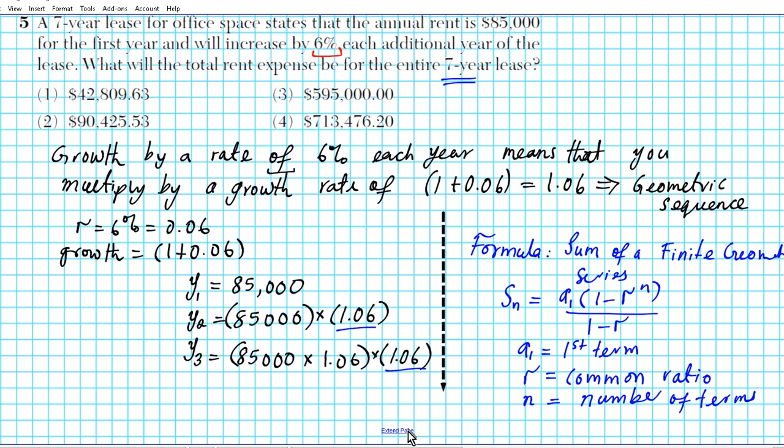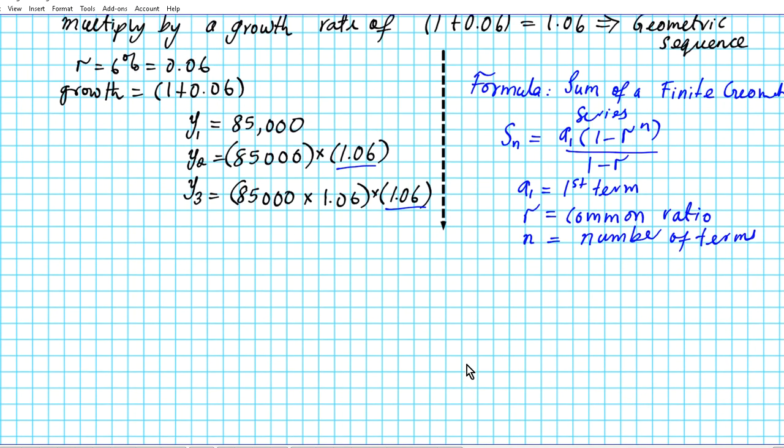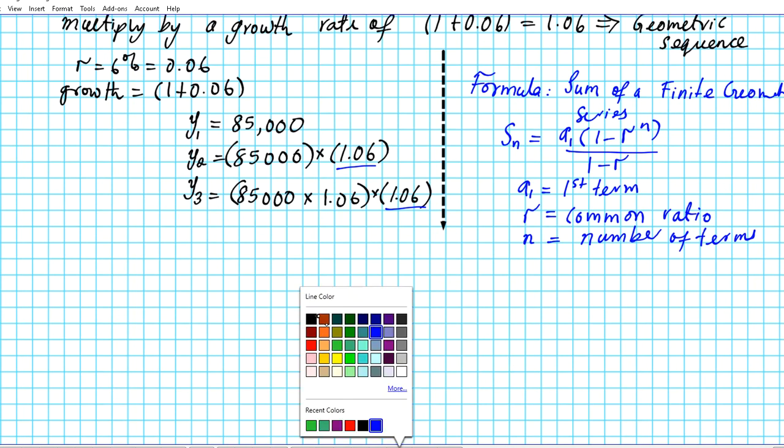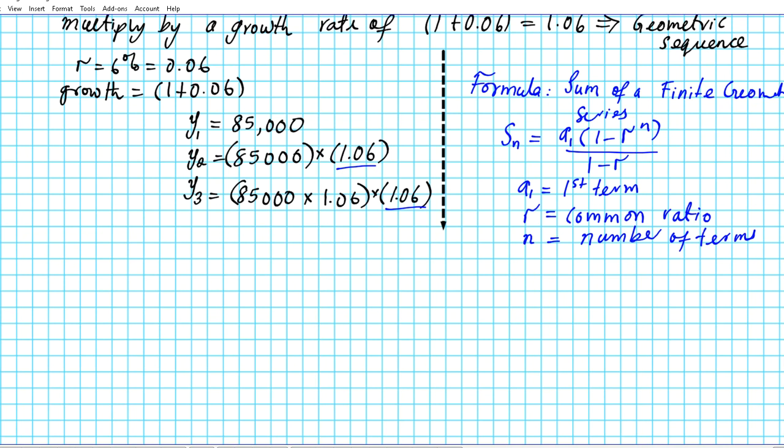Now let's specify what we know and what we need, plug it into the formula, and calculate the sum of the amounts for the first 7-year lease. a1 was the first term, the starting amount, 85,000. The common ratio is 1.06. The number of terms is 7.